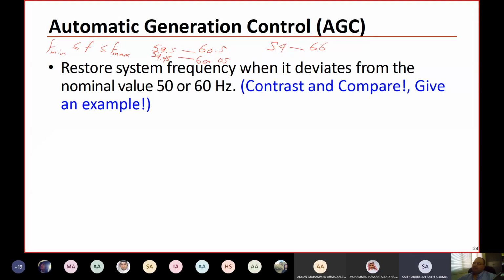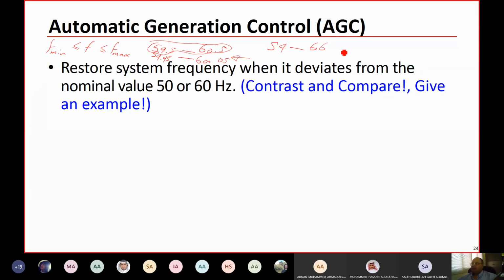Oh, 10%. Okay. Of course 10% is very, very high and it's not allowable. The previous range is very, very tight also, which is not practical.